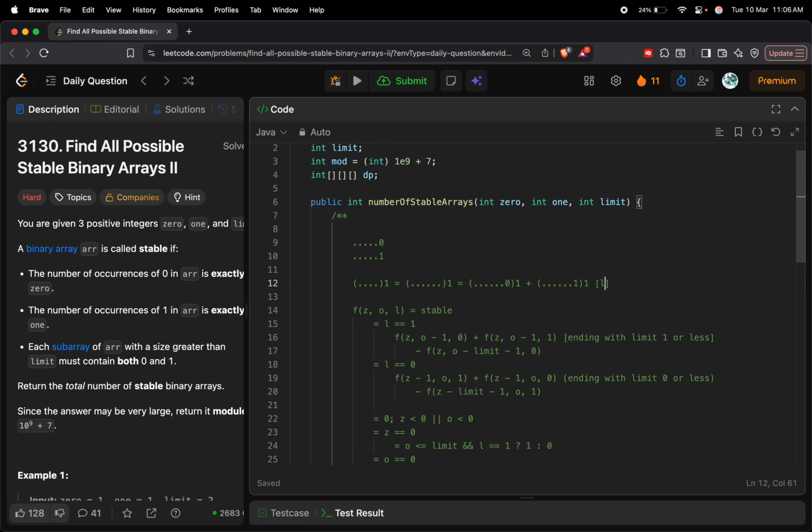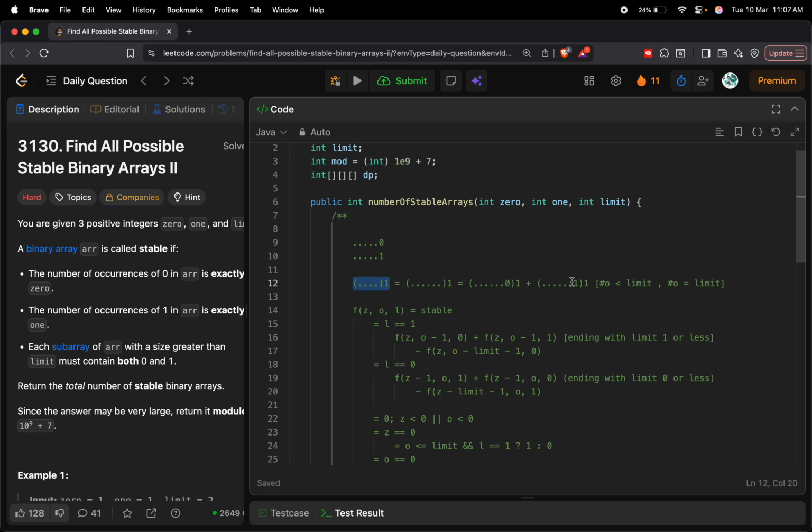One is where the number of ones which I have is less than limit, and the other situation is where the number of ones is exactly equal to limit. This solution contains both of these. We have defined our state as, at any given point, identifying the stable arrays.